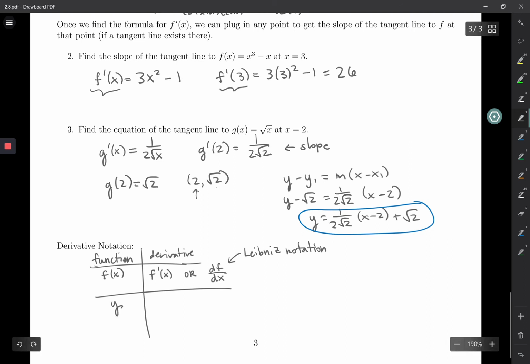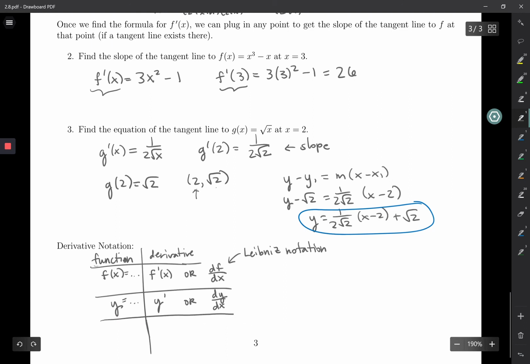Sometimes you're given y equals something, right? And in that case, we would write y prime or dy dx. So it's basically the same idea. But since we don't write the independent variable after the y when we give it in this form, it doesn't appear here either.